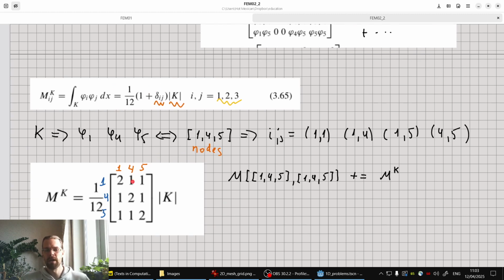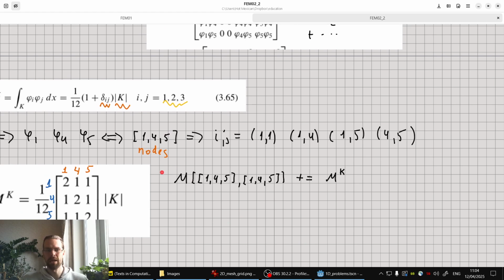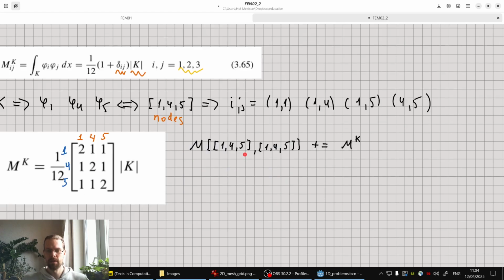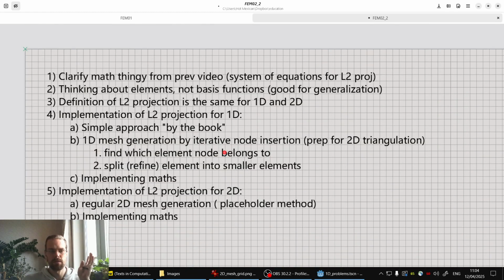Anyway, we just map the small local matrix into the global matrix at particular indices. If you were using something like Python with NumPy, it would look like slicing basically. And yeah, so we have discussed this.